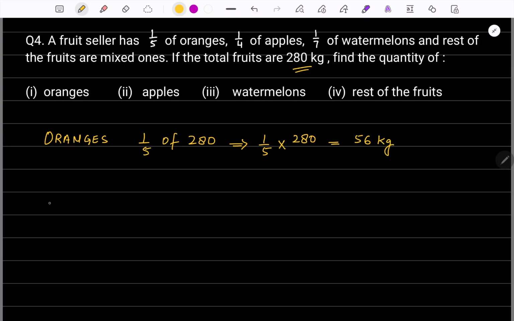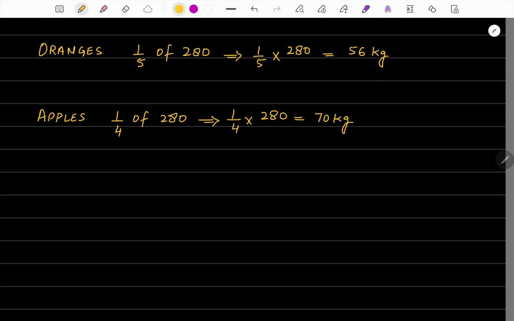Now for the apples, we have 1 by 4 of 280. So 1 by 4 of 280, and this again can be rewritten as 1 by 4 multiplied by 280. This gives us 70 kgs. The third fruit, that is watermelon, is 1 by 7.